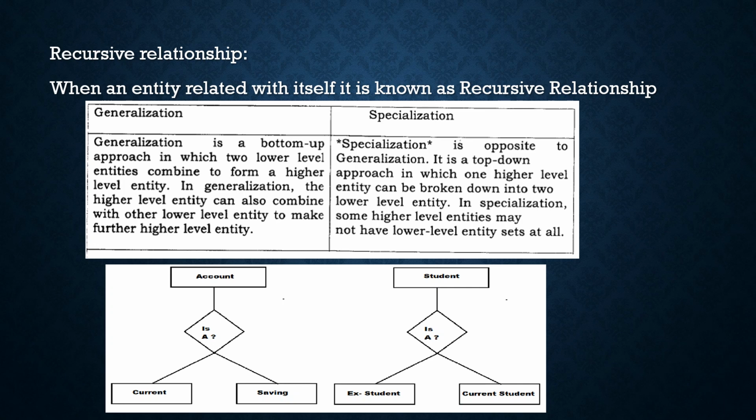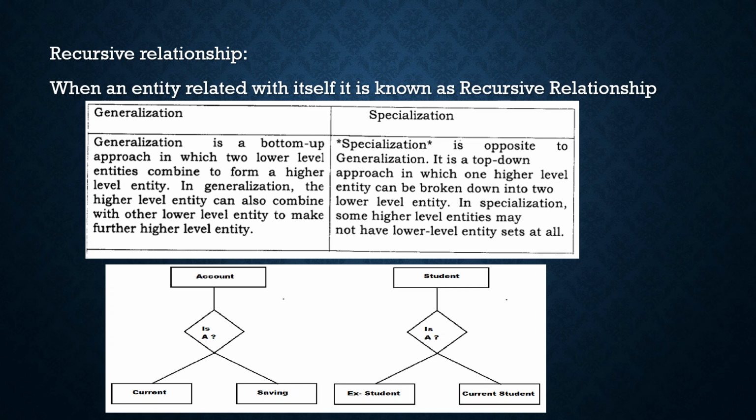And the C++ programming language follows the bottom up approach. Bottom up approach means first we get solutions to some smaller programs, and we combine the solutions to form a higher level program. It is called the bottom up approach, and it is completely opposite to the top down approach. See, generalization is a bottom up approach.